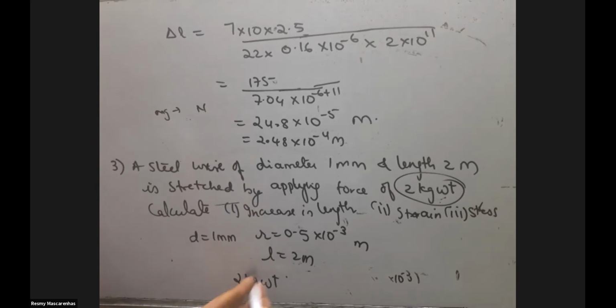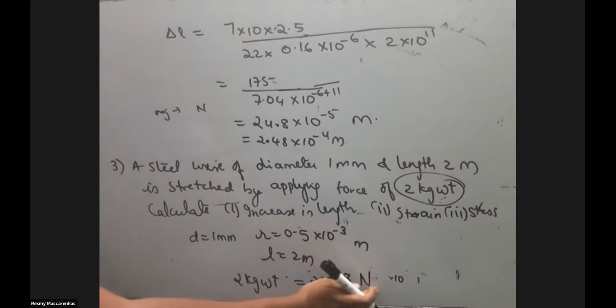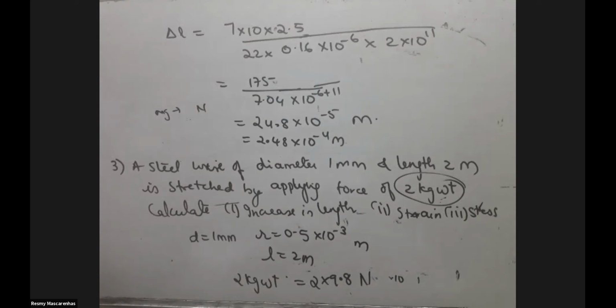If you want to convert it in terms of newtons, you have to multiply it by 9.8. If it was 1 kg, then it would be 1 into 9.8. If it was 10 kg, then it would be 10 into 9.8. So basically, mg is nothing but this much.